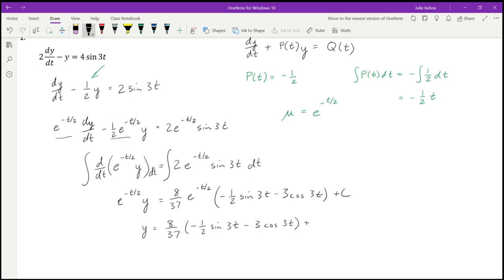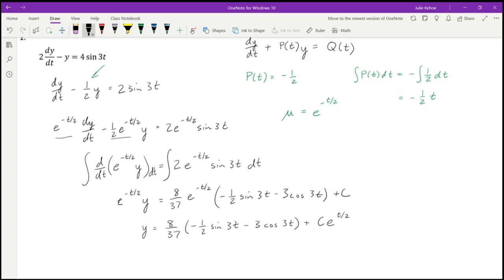Now, this is the easy part to miss. I also need to divide the constant of integration by e to the negative t over 2. So this becomes c e to the positive t over 2. I'm dividing by a negative exponent, so that just moves it to the numerator to become positive.